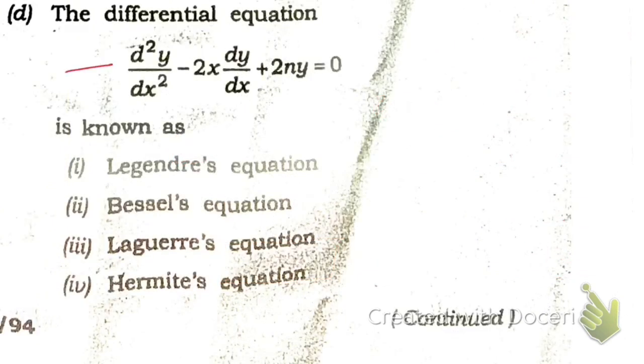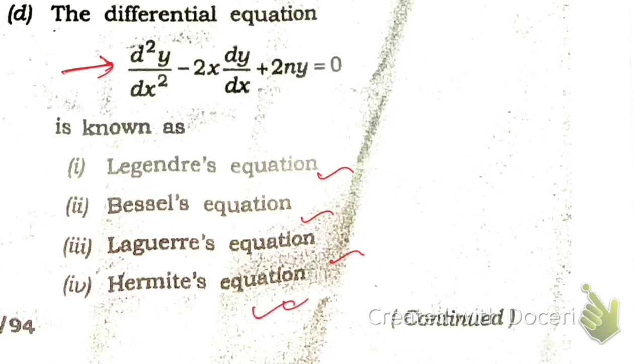There is a differential equation. We must know what type of equation this is. Is this Legendre's equation, Bessel's equation, Lagrange's equation, or Hermite's equation? Which one is correct?